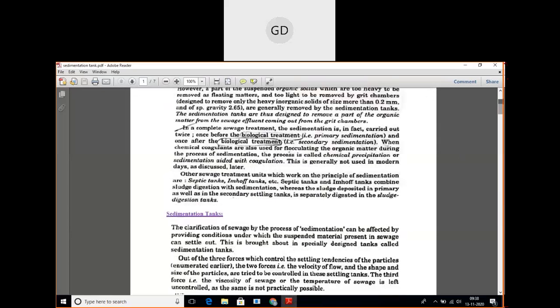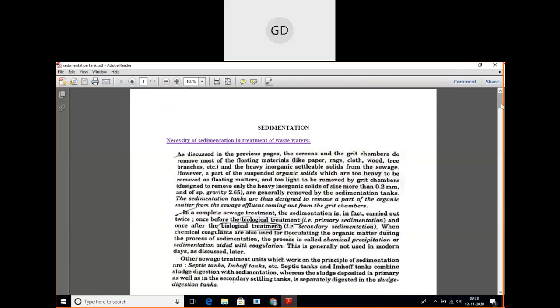Okay. So last class we have done up to your skimming tank and detritus tank, we have completed, right? So that was your primary treatment, and after your primary treatment, what we have studied is the preliminary treatment. So in the preliminary treatment, you can say that sedimentation is there.